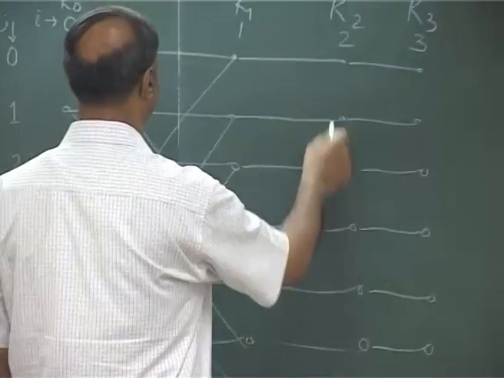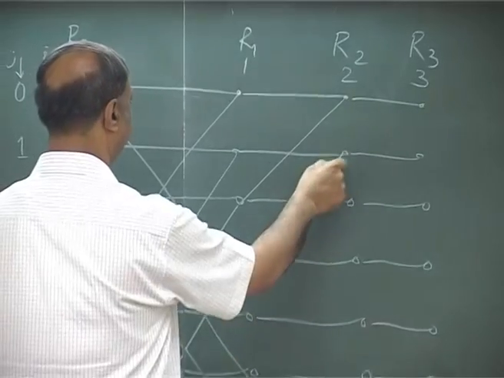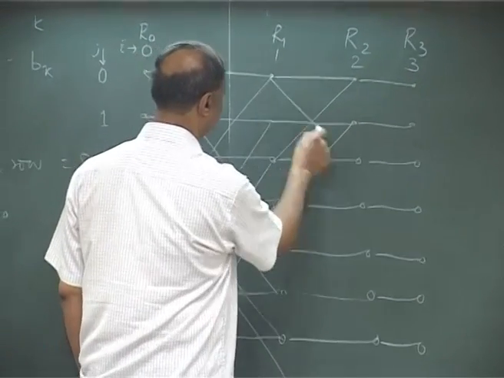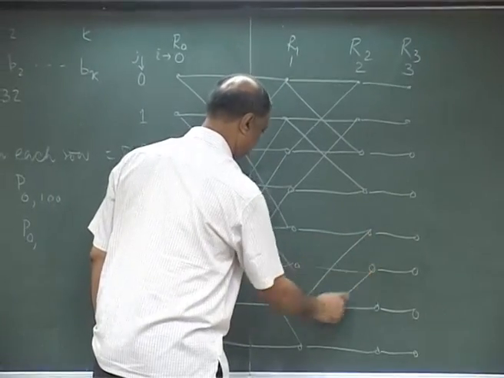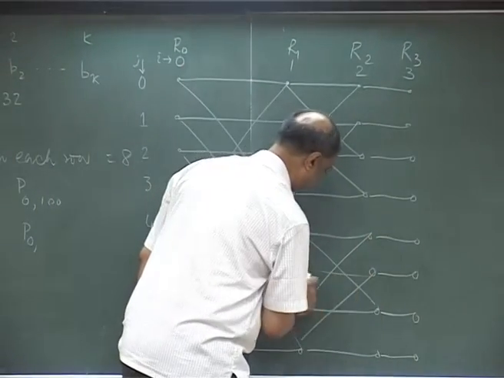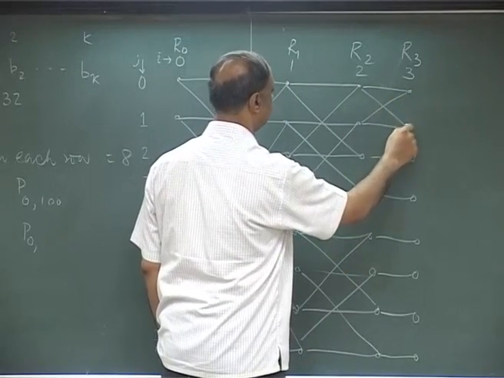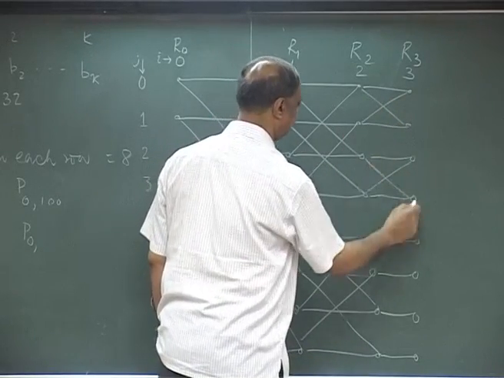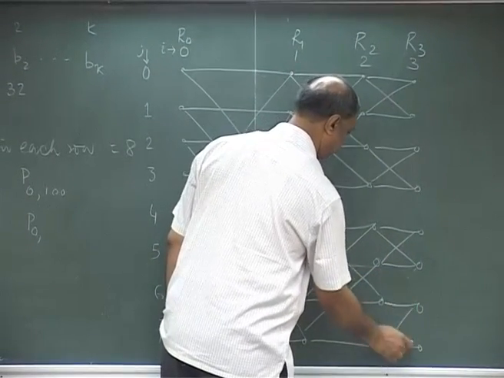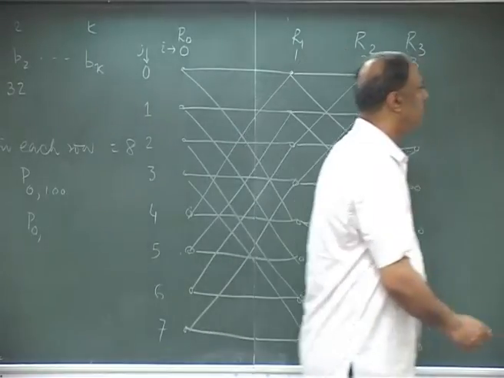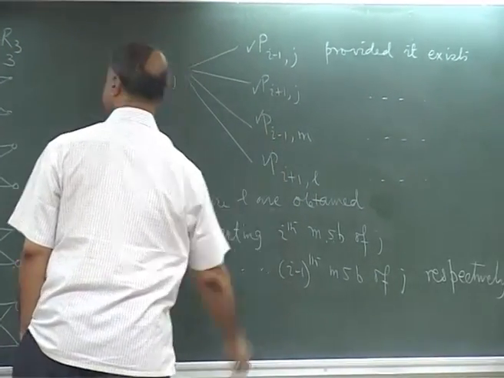P20 is connected to P12. Similarly, you will get this one, and the last one; the structure is like this. So these two are basically to indicate the bidirectional link.